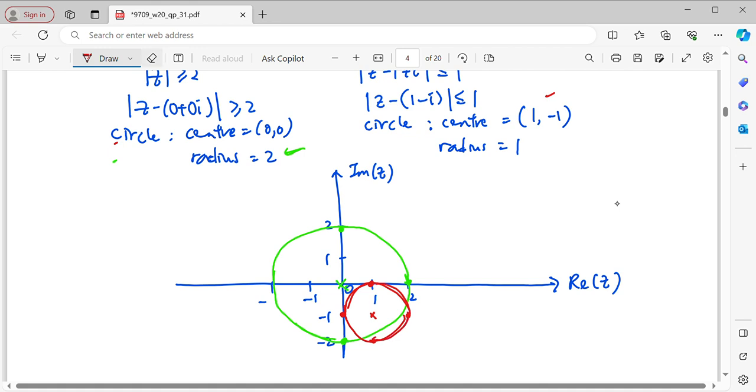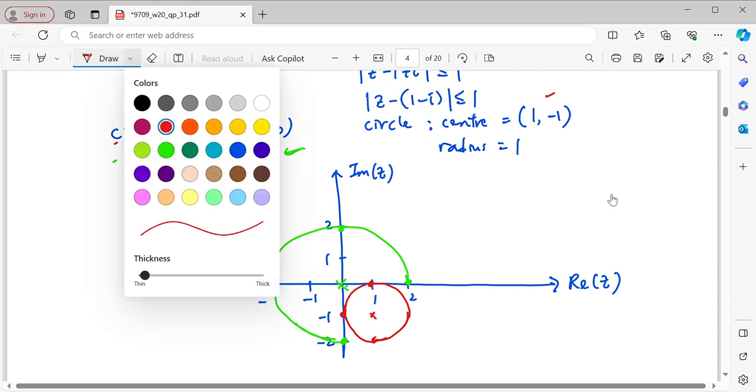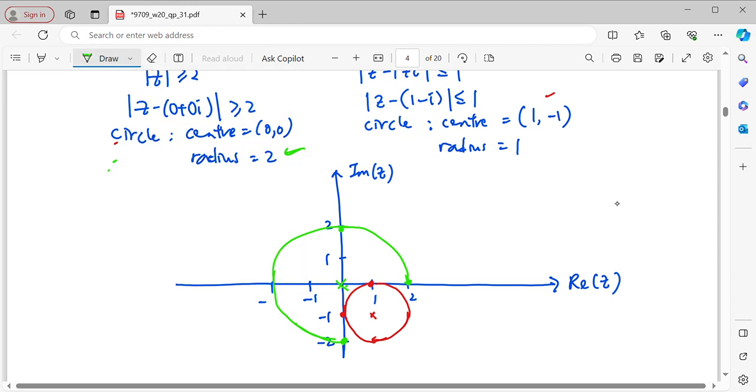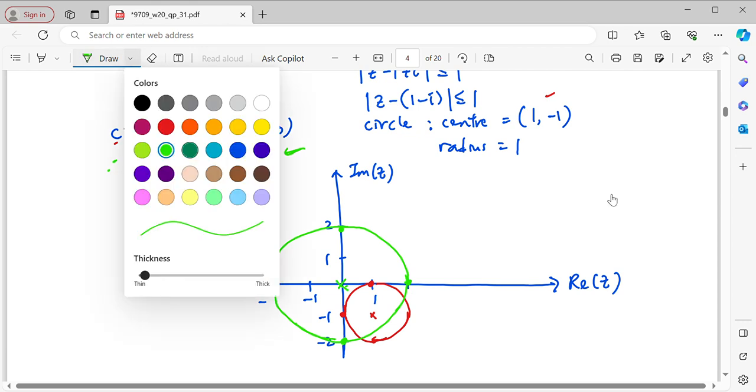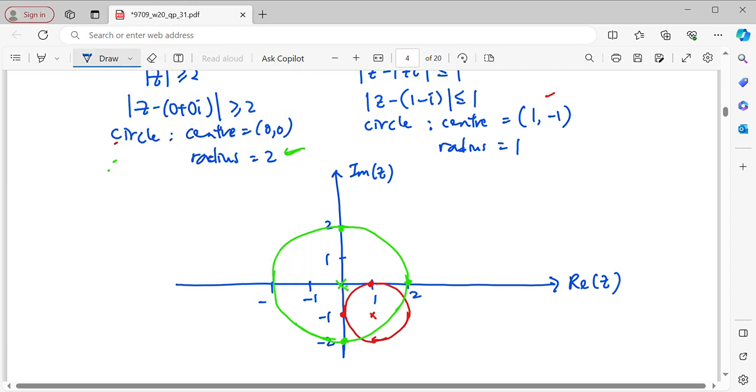So when you draw, please draw a smooth circle. Okay, so when I do labeling, this is modulus z equals 2.